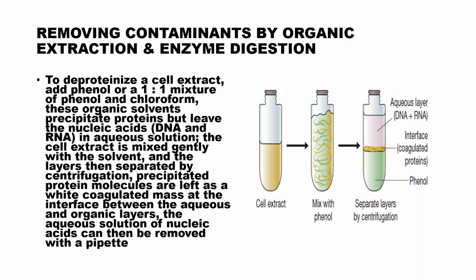Now to start with, to deproteinize a cell extract. You have a cell extract with DNA, RNA, proteins, everything inside. All the insoluble components we have already removed by centrifugation. Now, first we are going for deproteinization, which means removal of proteins.